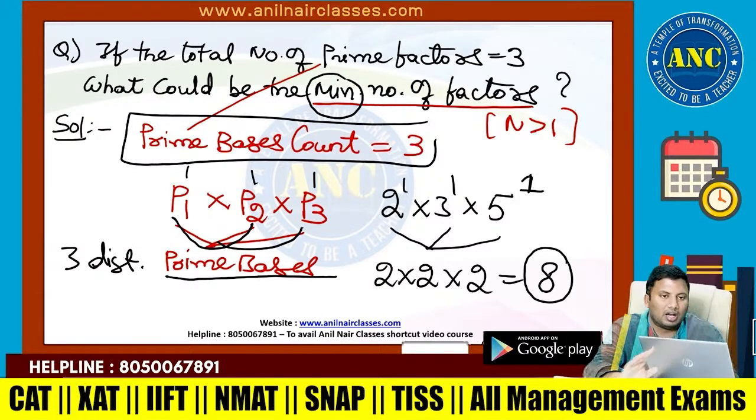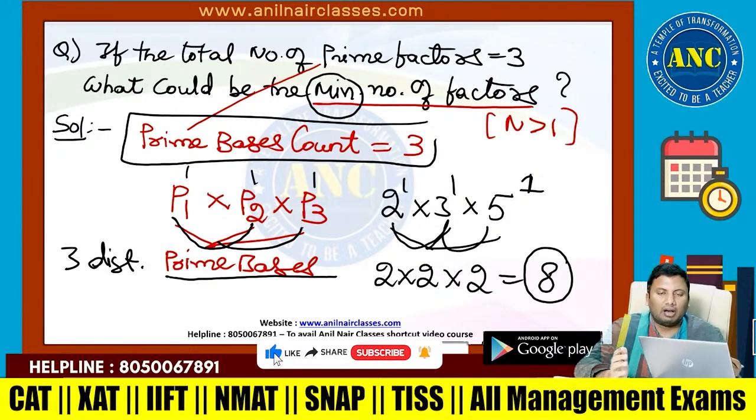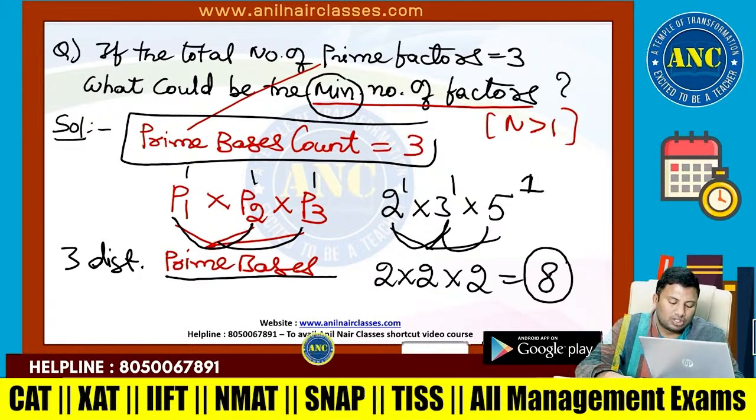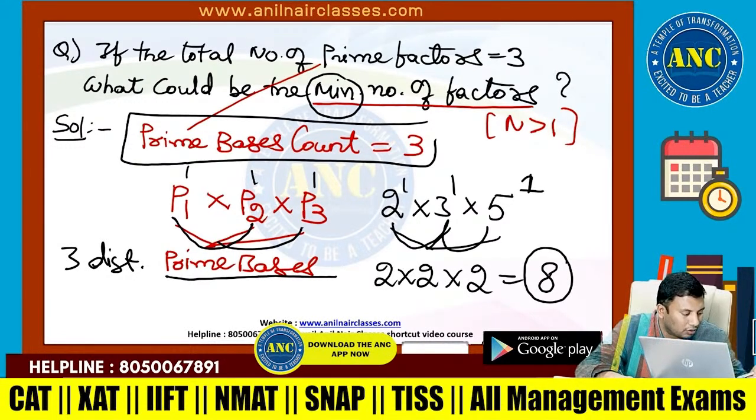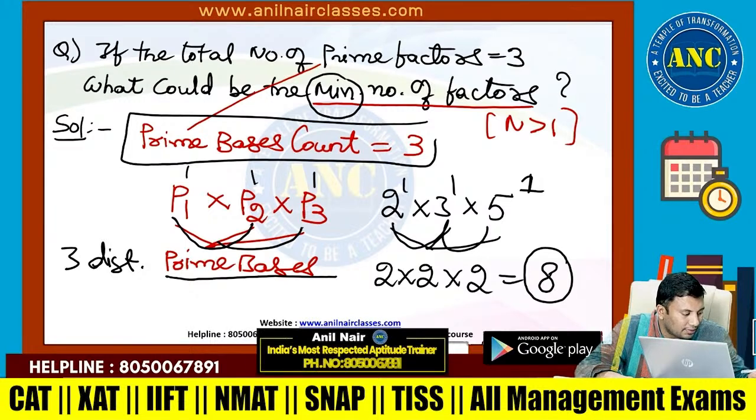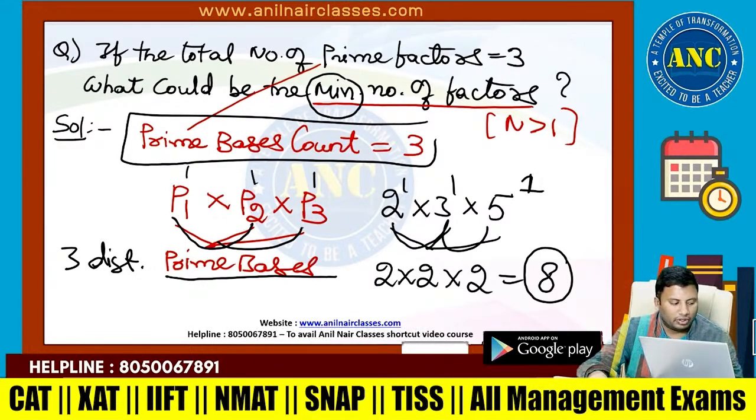Because it is minimum, the lowest prime bases are 2, 3 and 5. Number of factors for this number is 0 to 1, 2, 0 to 1, 2, 0 to 1, 2. Right? I hope it is clear. 2 into 2 into 2 is 8. Next one.